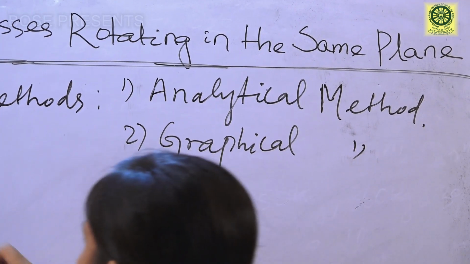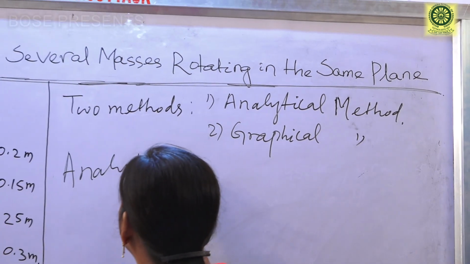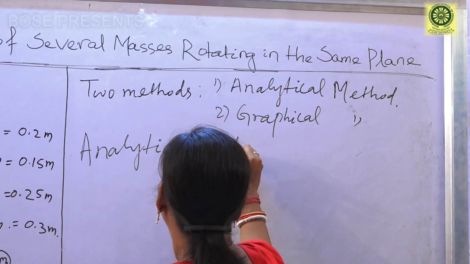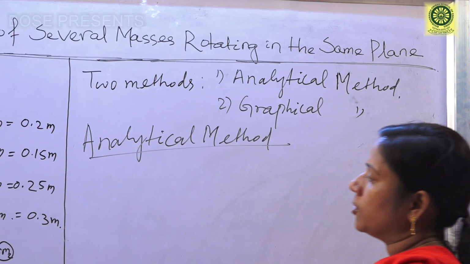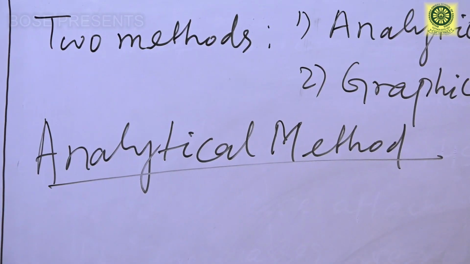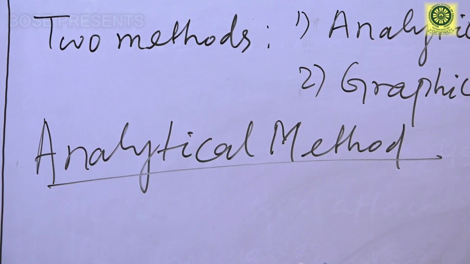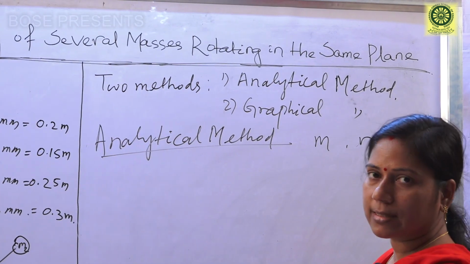So first we will solve it by the analytical method. In the analytical method, first we have to find out the products of the mass and radius.